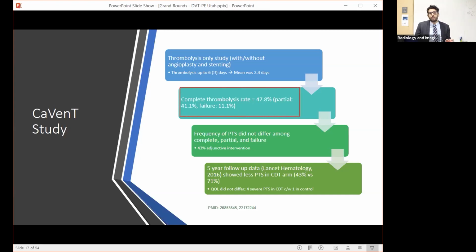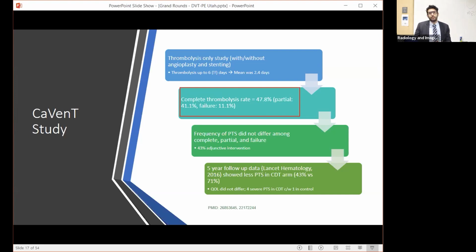But interestingly enough, the frequency of PTS in that CDT arm was actually no different among the patients who had TPA. So if you had TPA, whether you got complete resolution or not, you still had a lower rate of PTS than patients who had just anticoagulation alone.